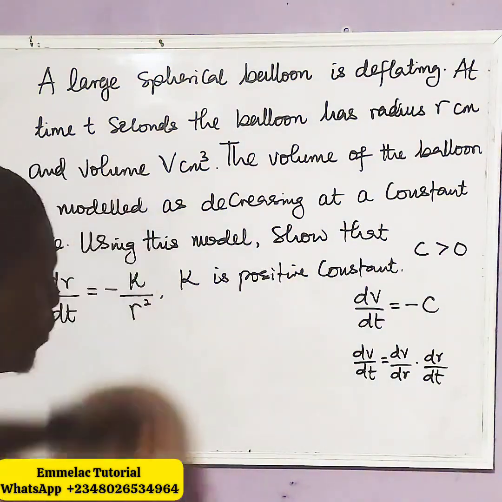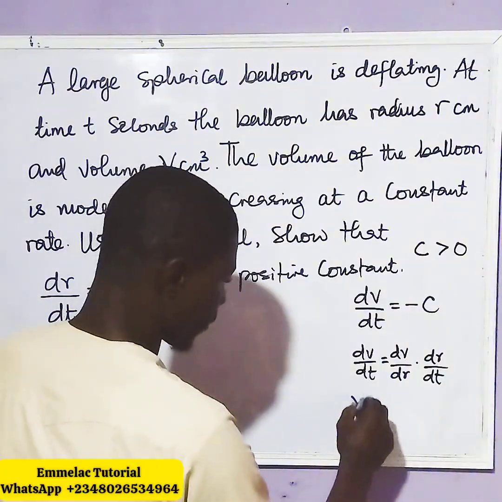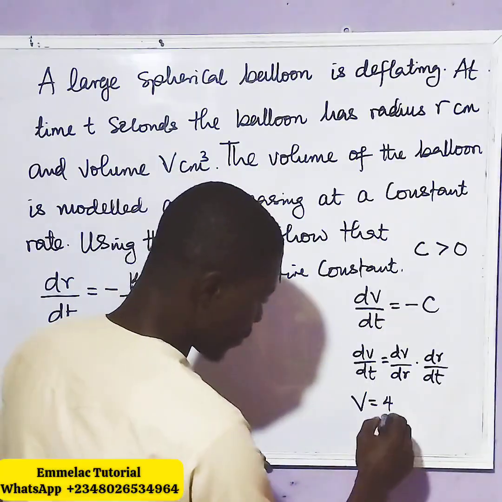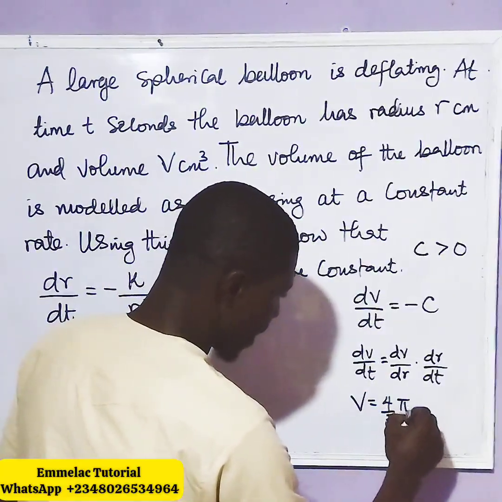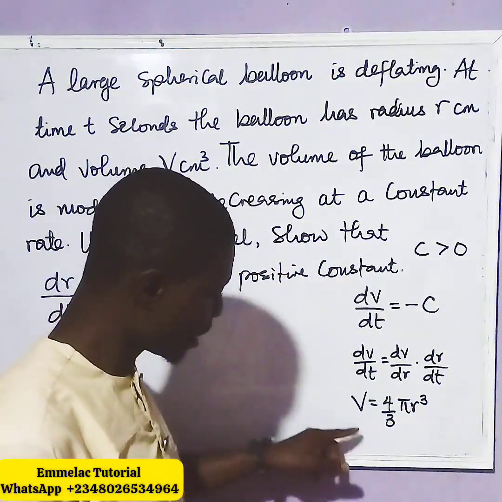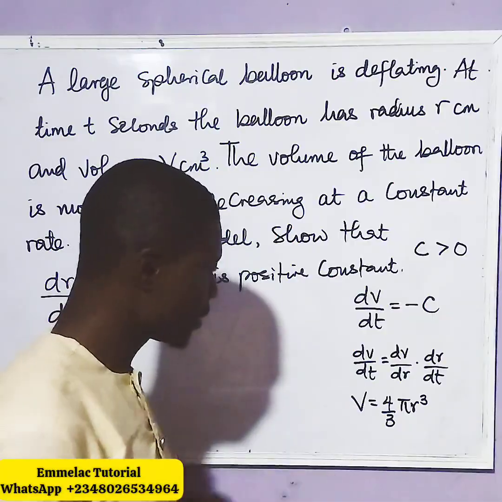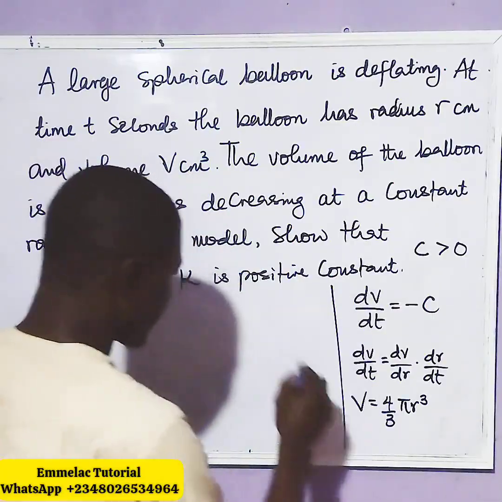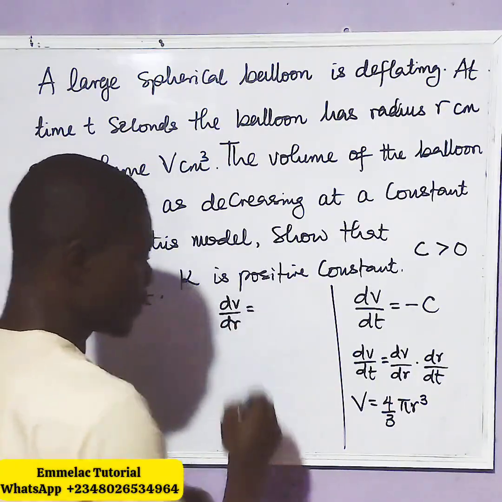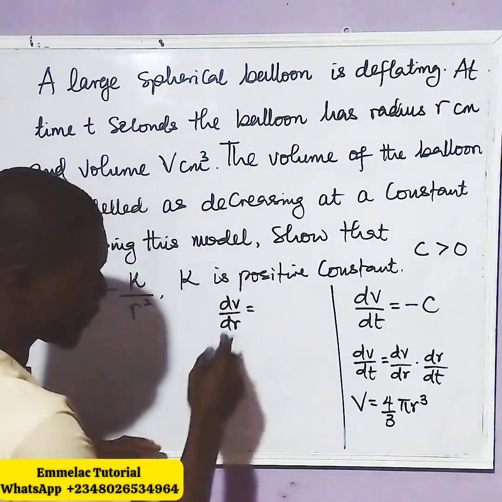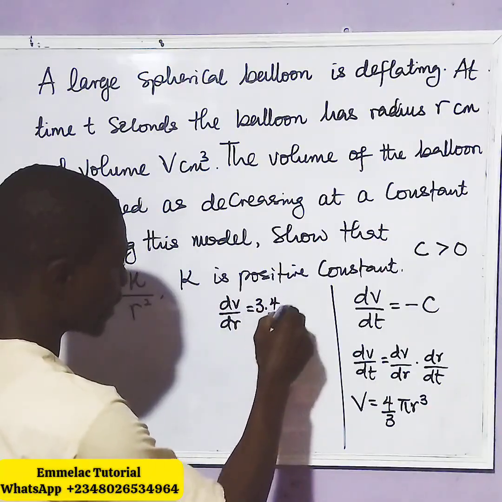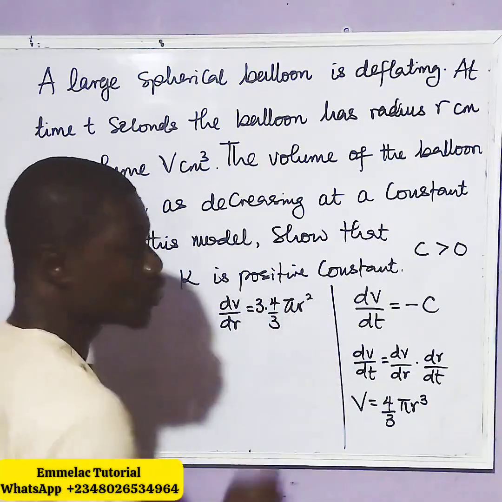Take note that the volume of a sphere is given as 4/3 pi r cubed. The thing we need to do now is to find dV/dr. So dV/dr with this will be 3 times 4 over 3 pi r raised to 2.